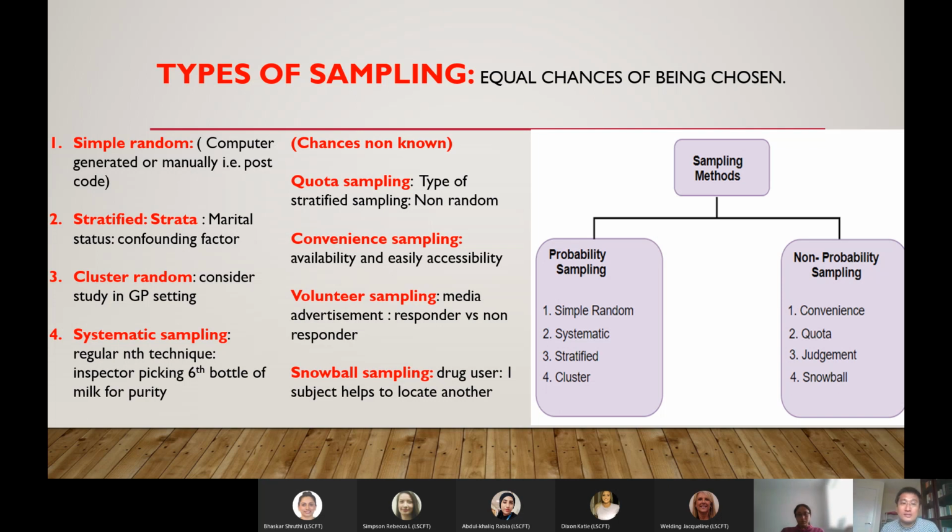That means convenience. Okay, quota, we'll forget about this one. So in MCQs, if it is randomization, you have got 6 options, but the same question might come as choose the correct sampling. So there's a difference between randomization and sampling. Okay, so let us do one MCQ.